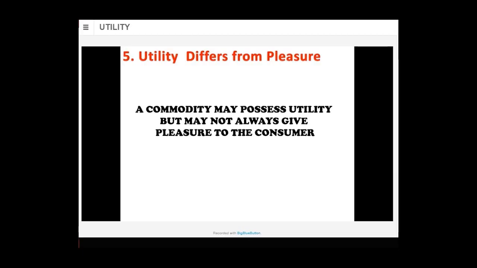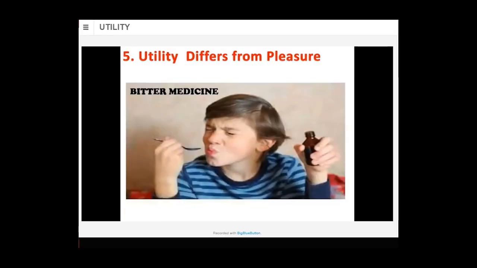For example, eating an ice cream would be a pleasant activity and it will have utility, but consuming a bitter medicine may not be that pleasant. Nobody will enjoy, but it will have utility.